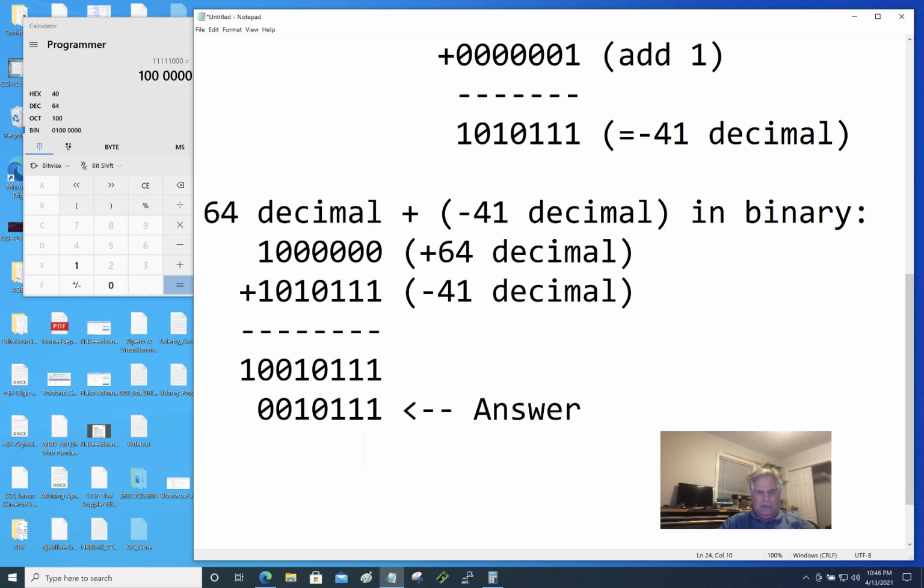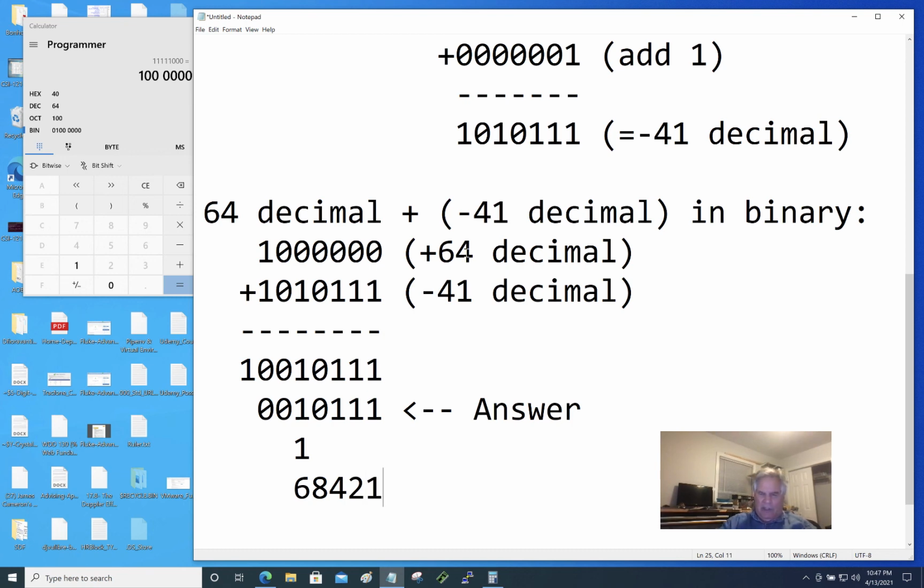This guy is equal to 16. This guy is equal to 8. This guy is equal to 4. This guy is equal to 2. And this guy is equal to 1.